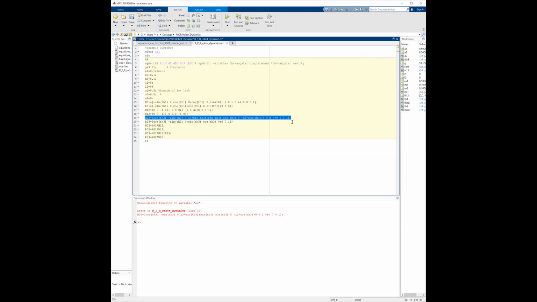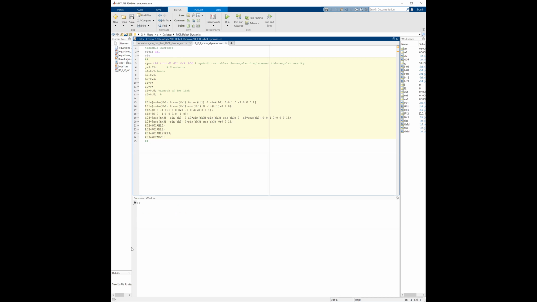There's a typo in here. This is cosine theta, TH23. Please see H23. Oh, this is A3. Sorry, this is A3. There is no A2 anywhere. So let me run this code.